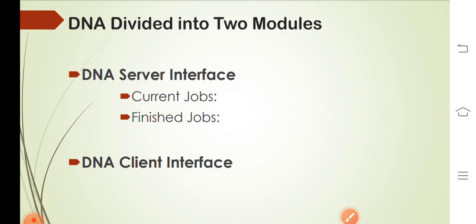These columns include the identification number assigned by the DNA to the job, the name of the encrypted file, the decrypted path of the file, and the key used to encrypt and decrypt the file. Also the time and date that the DNA server started working on the job, the date and time the DNA server finished working on the job, the elapsed time, and so on. So these are the two types of DNA server interface.